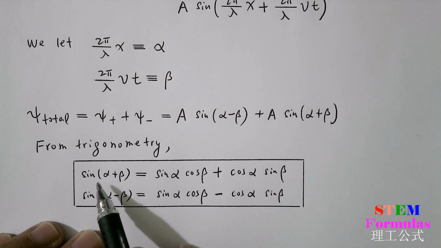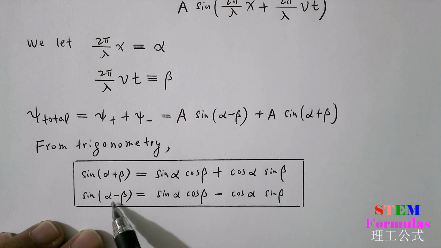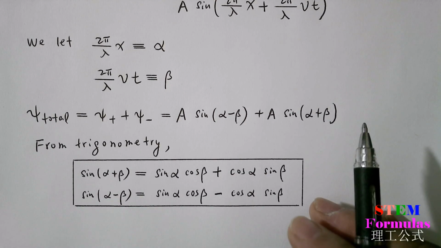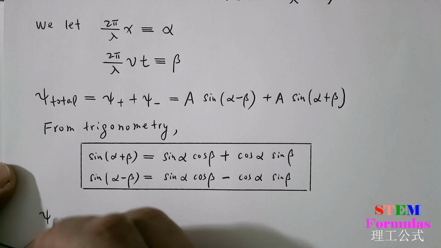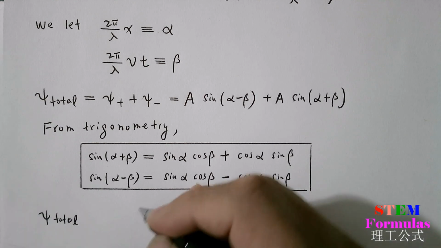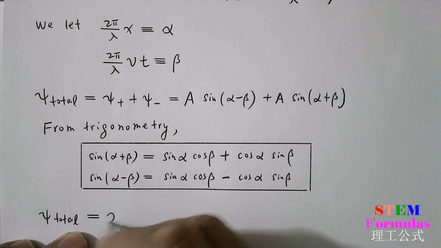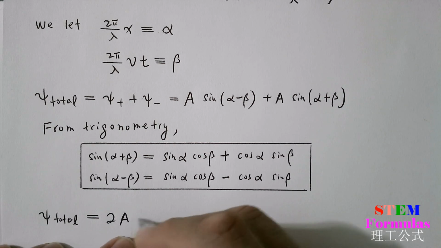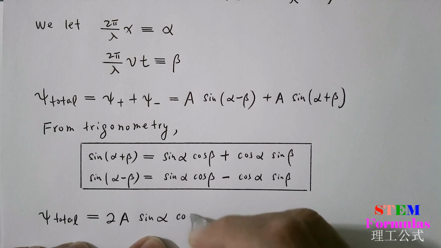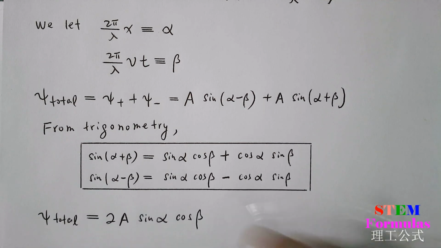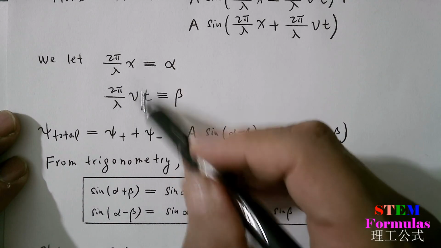If I plug in sine alpha plus beta and sine alpha minus beta here, I get psi total equal to 2A sine alpha cosine beta.